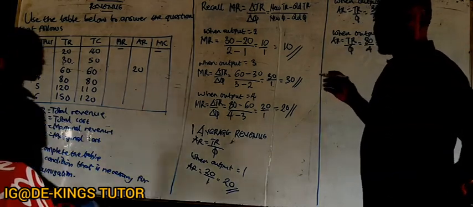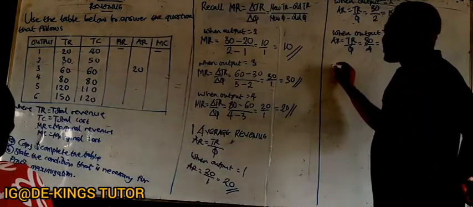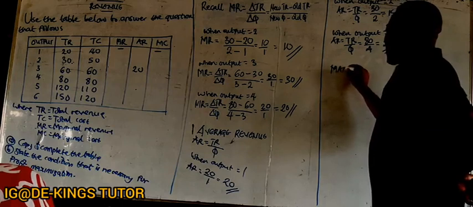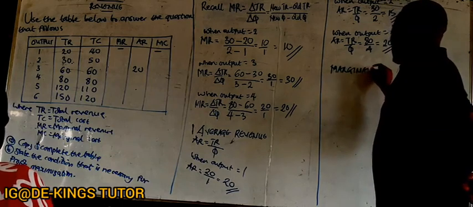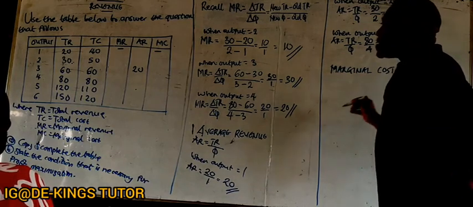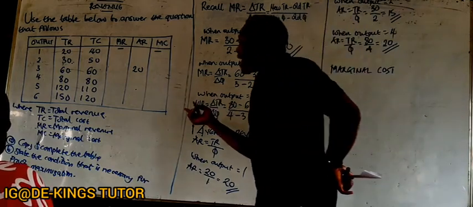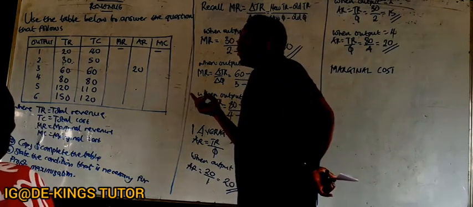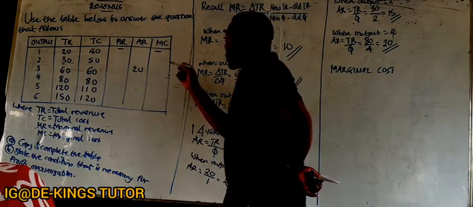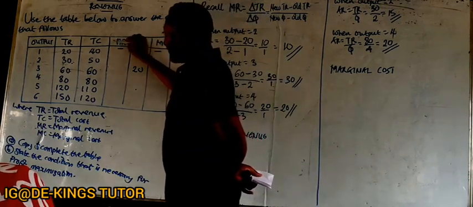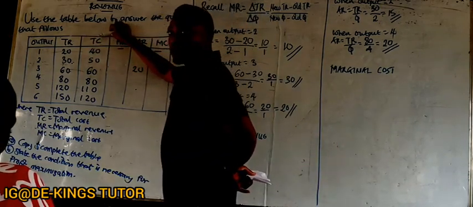Now let me move to the marginal cost. We have done the marginal cost when we're treating cost. Please, in a question like this, it is easier for students to get confused because we have marginal cost, marginal revenue, total revenue, and total cost.